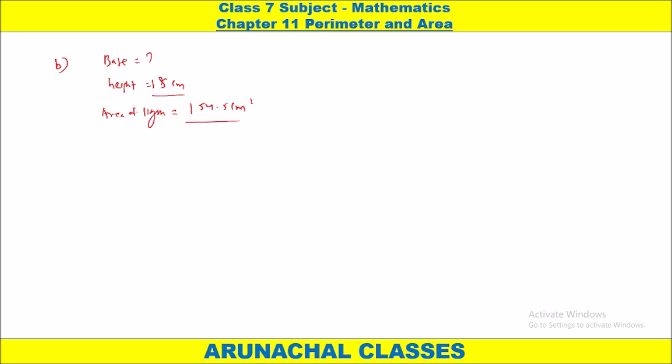Now we can see here that area of parallelogram is given as base multiply with altitude. So here I have the base value is x, let it be, and altitude is given as 15 centimeter, and here I find it is given area of parallelogram is given 154.5 centimeter square.